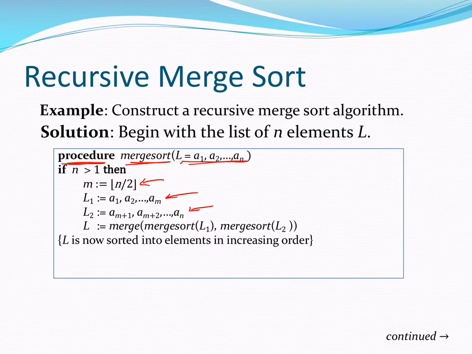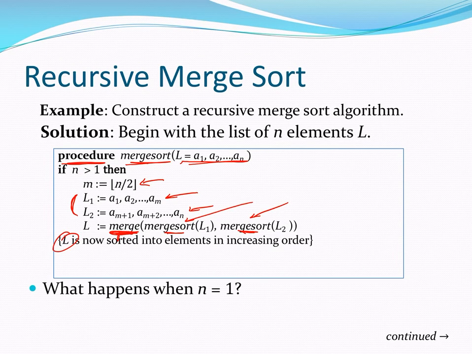And then we're going to sort these lists by calling merge sort twice. And once we get them back, we're going to call a merge procedure, which we haven't seen yet. So we split the list into two, then we sort each of those two lists, and then we merge them to get back. And now L, once we get it back, will be sorted.